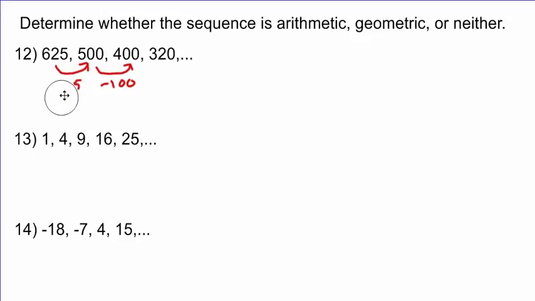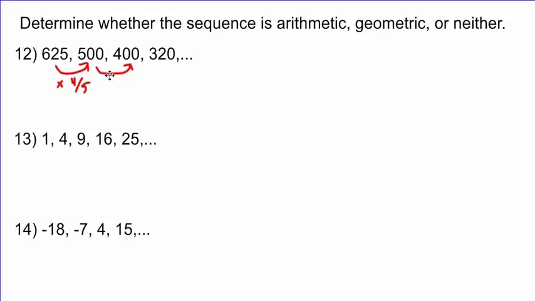Let's figure out what would happen if we thought of it as possibly a geometric sequence instead. What would be going on? Well, the change here was 125. That's 1/5 of 625. So we multiplied by 4/5. I know for some of you that's messing with your heads right now, but trust me, it's 4/5.